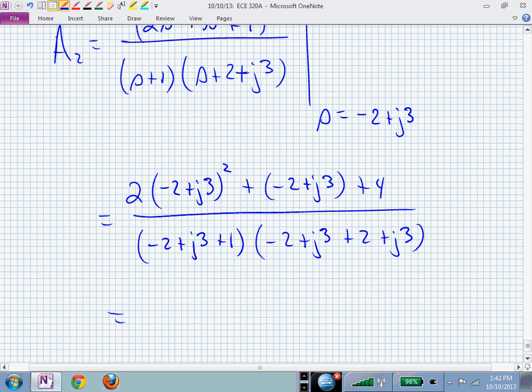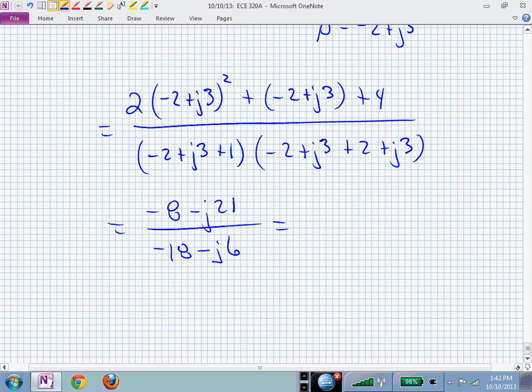And hopefully after you've done the algebra, you end up with minus 8 minus j21 for the numerator, minus 18 minus j6 for the denominator. And I like to just sketch these in the complex plane so that I know where my vectors are. I have two negative real parts, and I am going down into the third quadrant with my imaginary piece of those two. And I'm taking the ratio. So if I'm taking the quotient of complex numbers, I probably want them in polar form. This one now ends up being 22.47 as a magnitude.